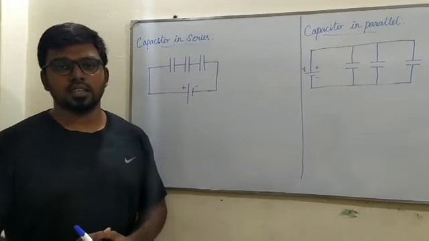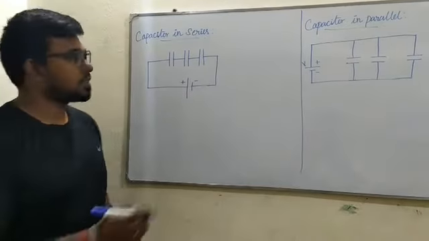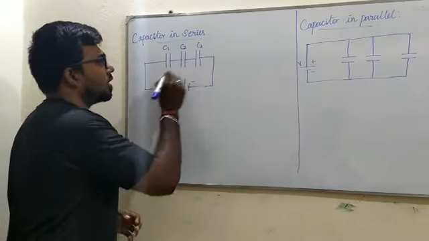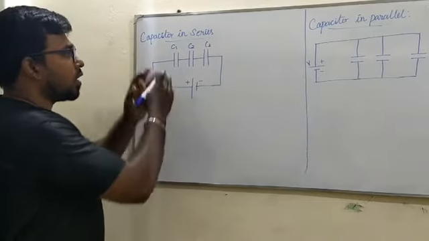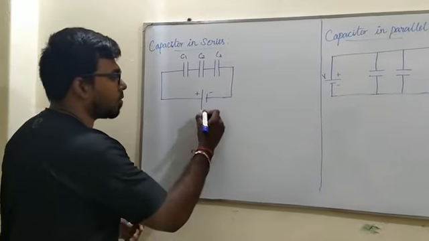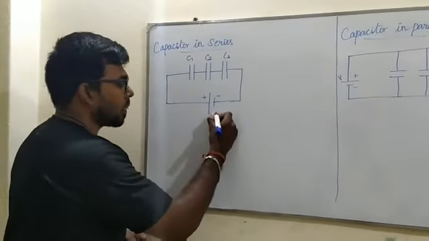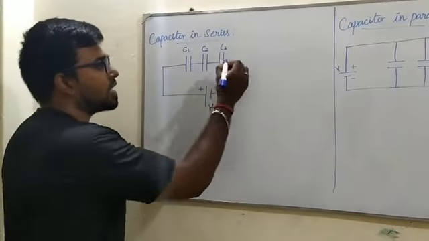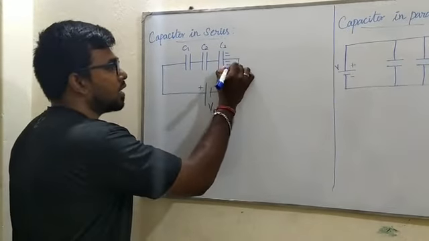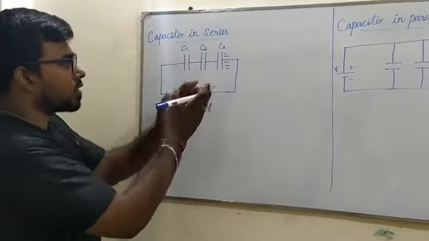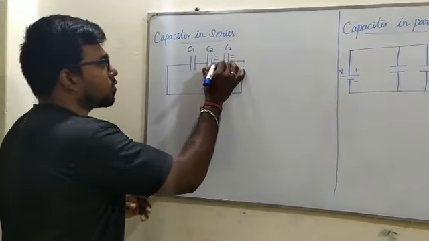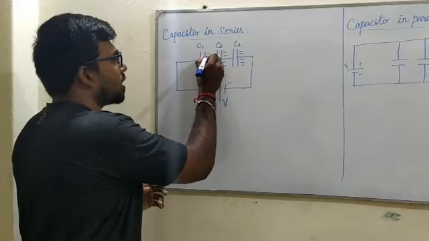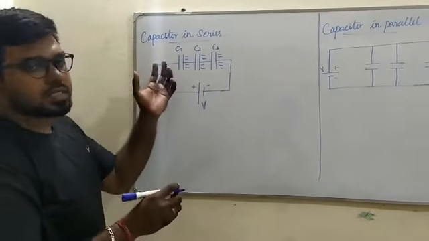Capacitors in series. Consider three capacitors C1, C2 and C3 connected in series, and all three capacitors are connected to a battery of voltage V. Electrons from the negative terminal get transferred to the right side plate of capacitor 3, which transfers the electrons to the right side plate of C2, and further induces the electrons to the right side plate of capacitor C1.